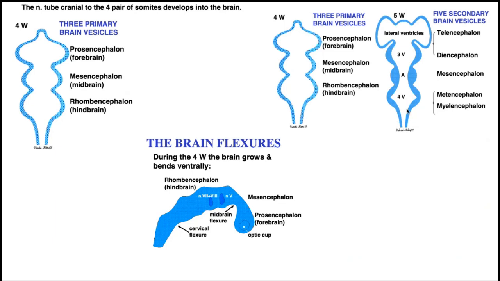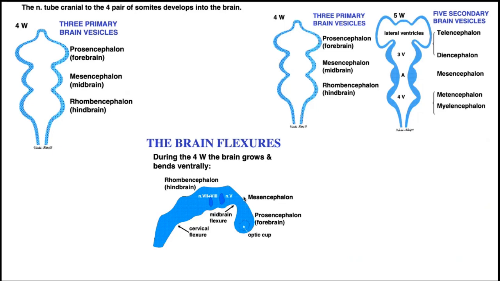Now, during the 4th week, as your brain is growing, it's going to bend. Your forebrain is going to bend down, and your hindbrain is going to bend a little bit up, and this is how it's going to look. Here you have your prosencephalon, or your forebrain. It bends down.